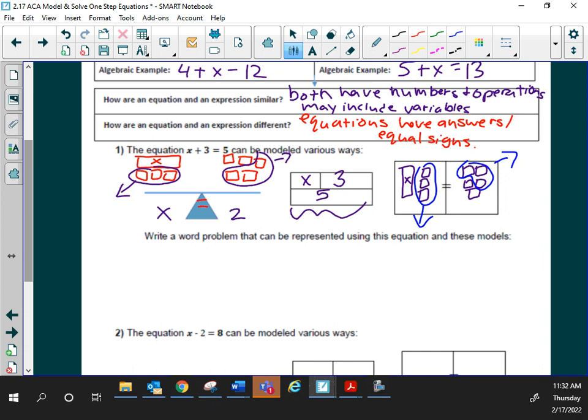Sally has X amount of apples and gets 3 more. Great. Sally has X amount of apples and gets 2 more.